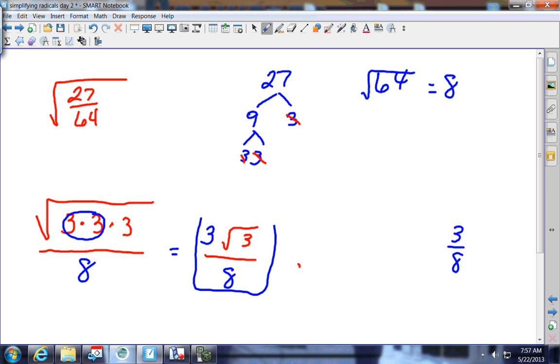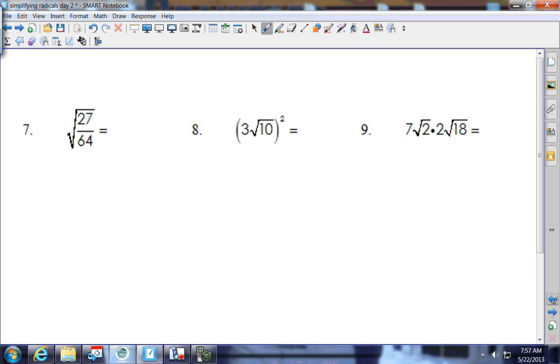This is your answer. I guess not. Some of them work out nicer than the others. See, I was fixing to break down 64 because I wasn't thinking about perfect squares. Okay, so what do we have? 3 square root of 3 over 8.